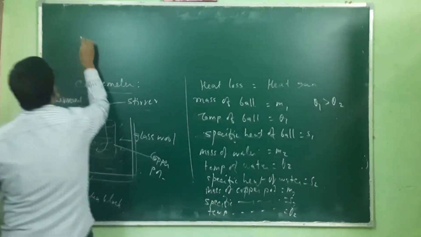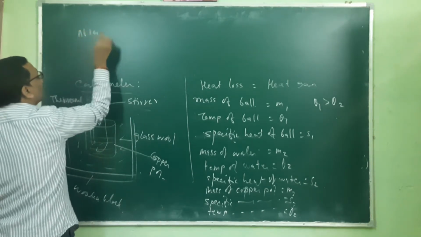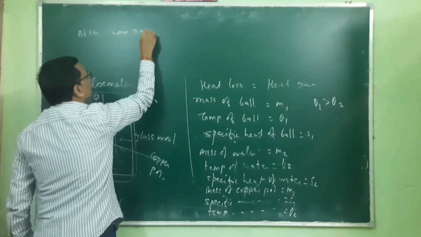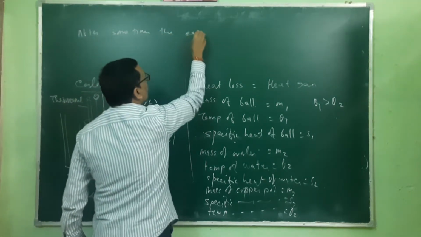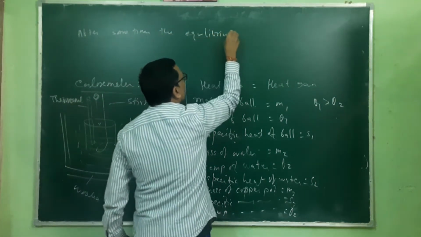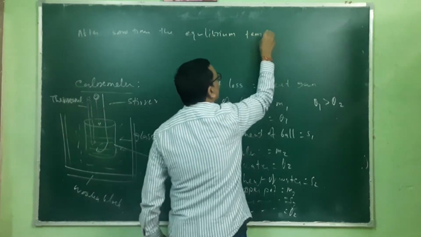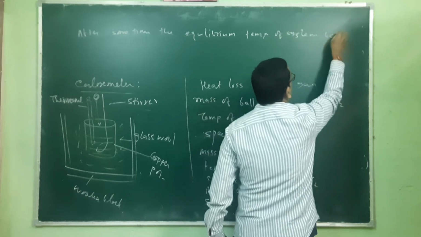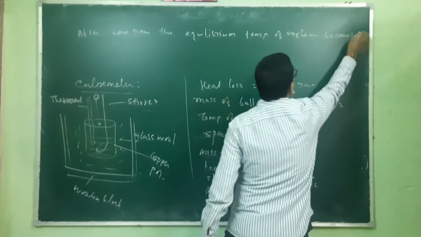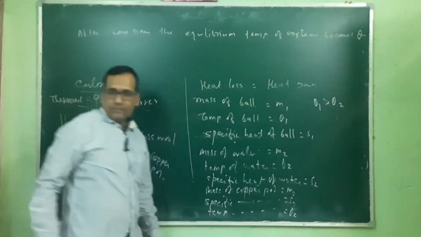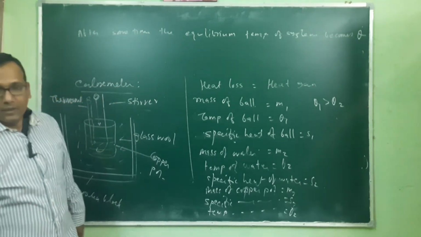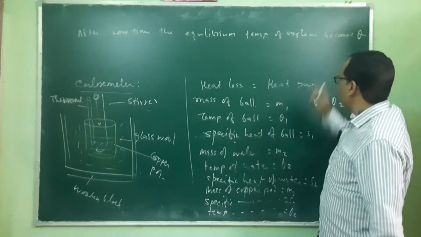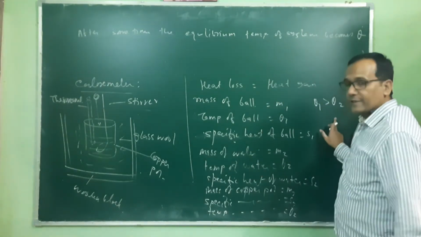So after some time, the equilibrium temperature of the system becomes theta. This theta is obviously less than theta1 and greater than theta2.